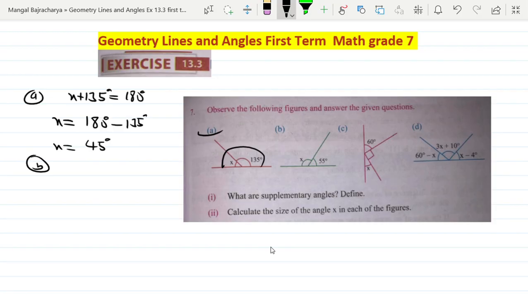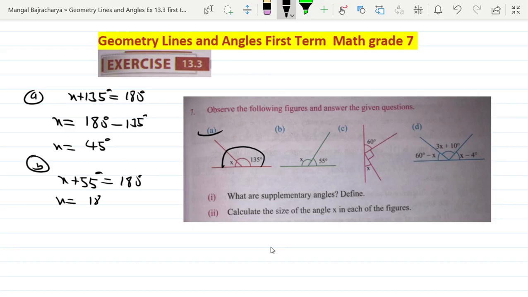And in B, very same as A, here the whole straight angle is split into two angles, x and 55 degrees. So their sum we can say is 180 degrees. So x plus 55 equals 180 degrees.